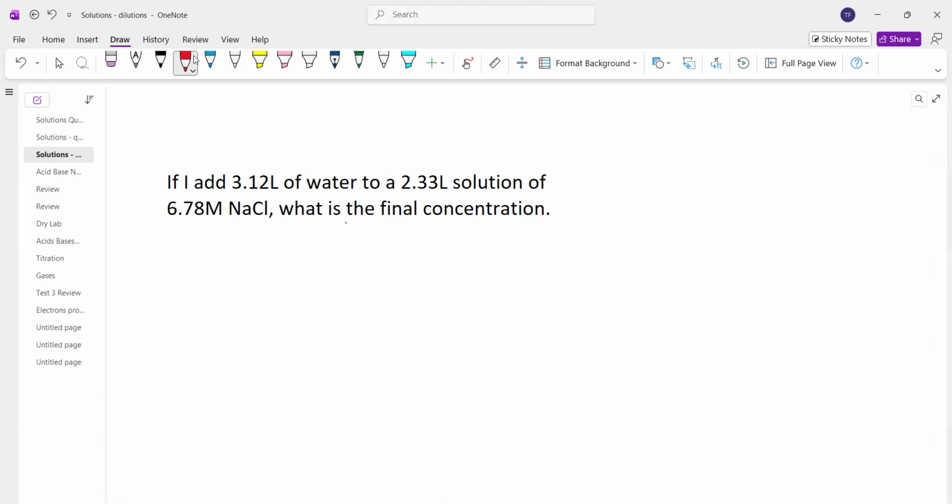Now, this is also a dilution problem because we're diluting the initial solution.